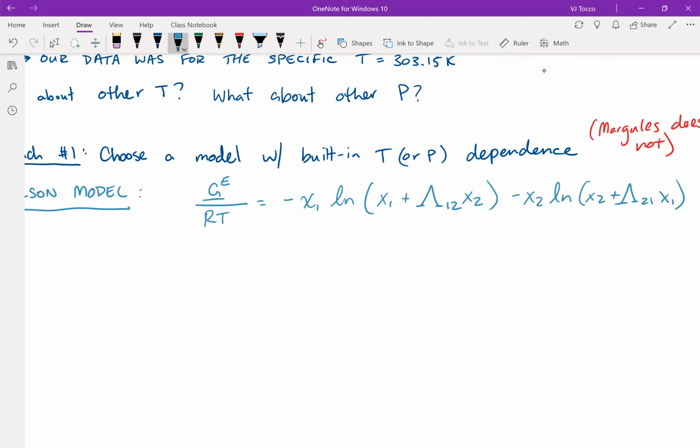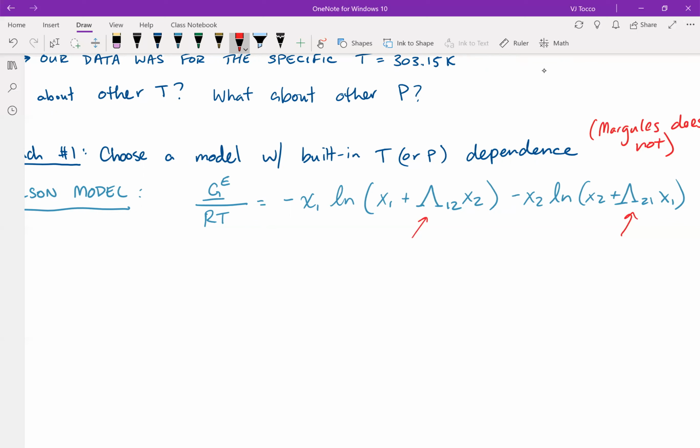So this is a two-parameter model as well. The two parameters in this case are lambda 1,2 and lambda 2,1. When they label these parameters, oftentimes they like to do subscripts and flip them around. You can look at these like the A's in the Margules models.